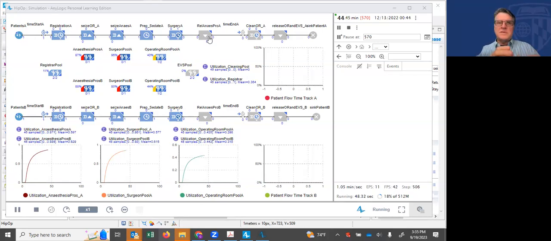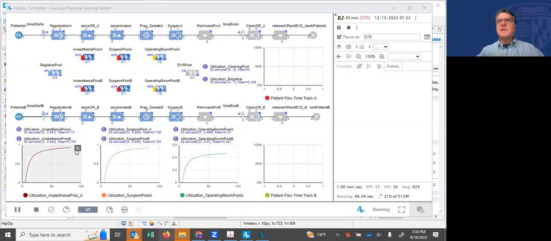So the anesthesiologist we're expecting should have higher utilization than the surgeon, because the anesthesiologist has to be present during the surgery as well as during the sedation, whereas the surgeon only has to be present during the surgery. The OR has even higher utilization because it has to be in hand by the patient prior to sedation. So it's in hand for the sedation, for the surgery, and also for the cleaning. So that's how we're expecting these things to play. So imagine how this day plays out.